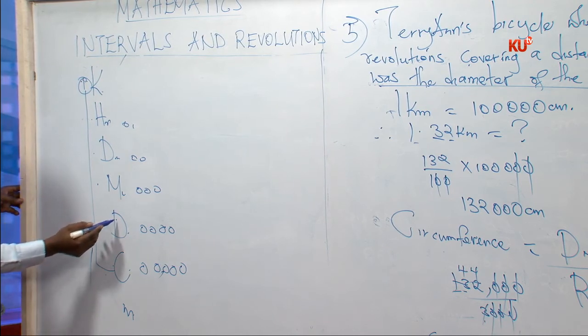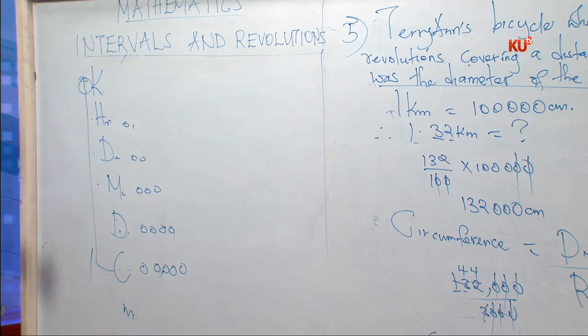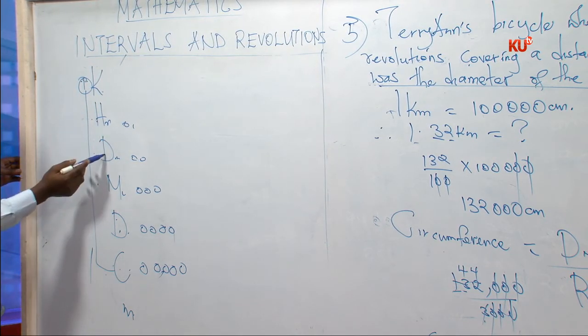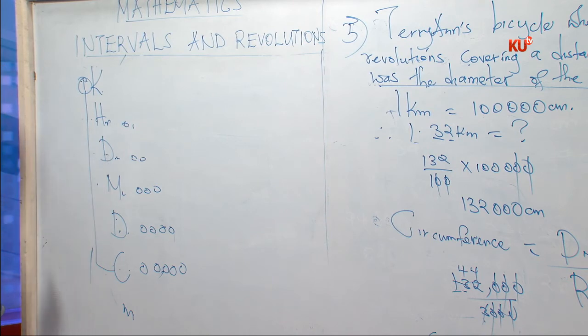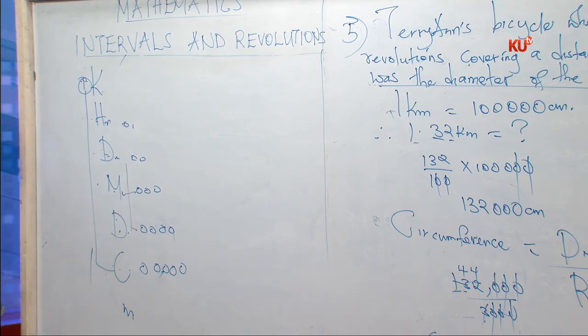For 1 decameter, the zeros from here to here should be just 1. If it is a gap of 1, it is just 1 zero. 1 hectometer is equal to 10 decameters. 1 decameter is equal to 10 meters. When you skip 2, 1 decameter is equal to 100 decimeters. Here there will be 2 zeros.